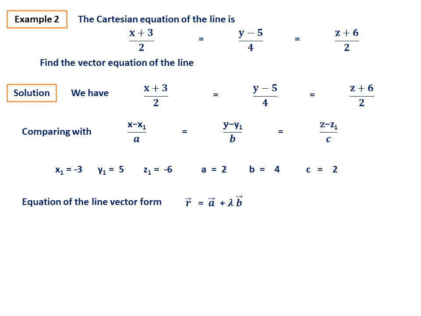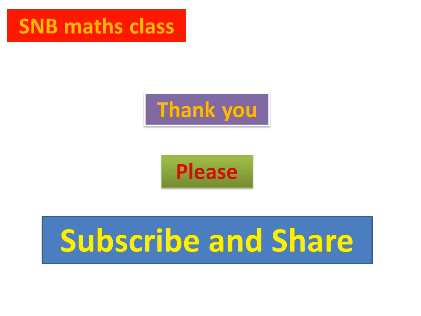The equation in vector form is r = A + lambda B. So vector r = −3i + 5j − 6k + lambda times (2i + 4j + 2k). So this is the vector equation. This is the second example.